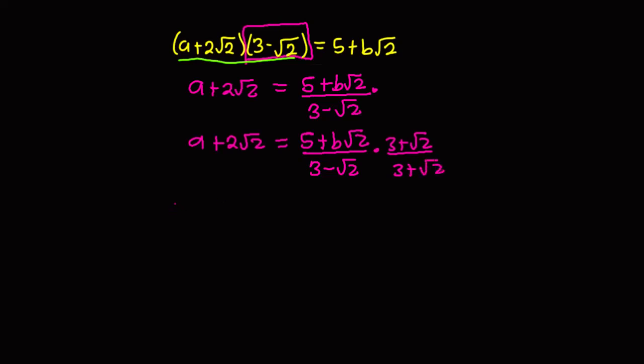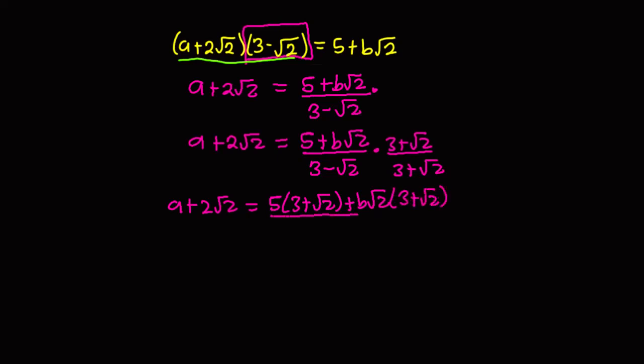So we have a plus 2 root 2 being equal to, so in expanding, I'm going to have 5 multiplying 3 plus root 2, then b root 2 multiplying 3 plus root 2.